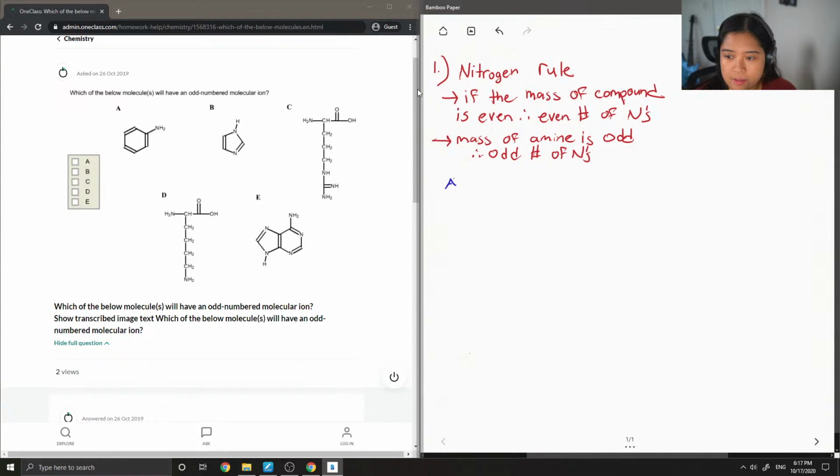Let's look at compound number A. You'll see that there's only one nitrogen present. So therefore this is odd. B has 2 nitrogens.